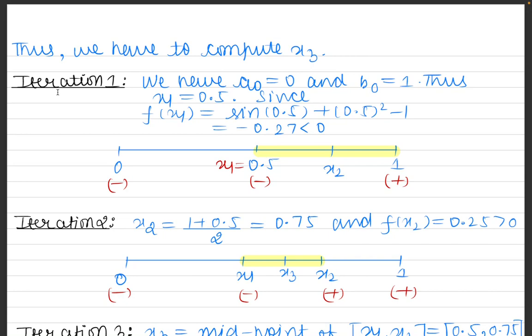So here you have 0, 0.5, and 1. f of 0 was negative, f of 1 was positive, and f of 0.5 is negative.